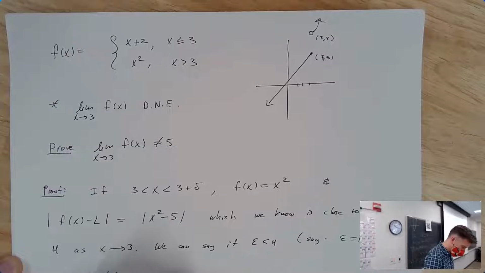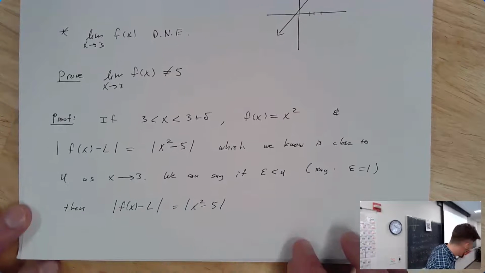We're going to get the absolute value of the function minus the limit, which is the absolute value of x squared minus 5, to be, oh, sorry, yes, of course.